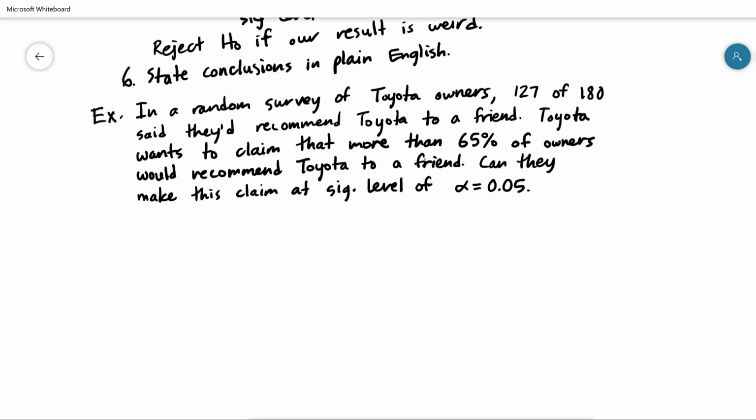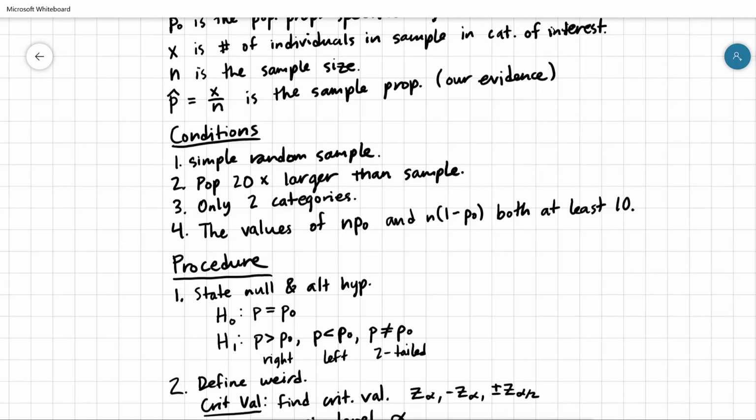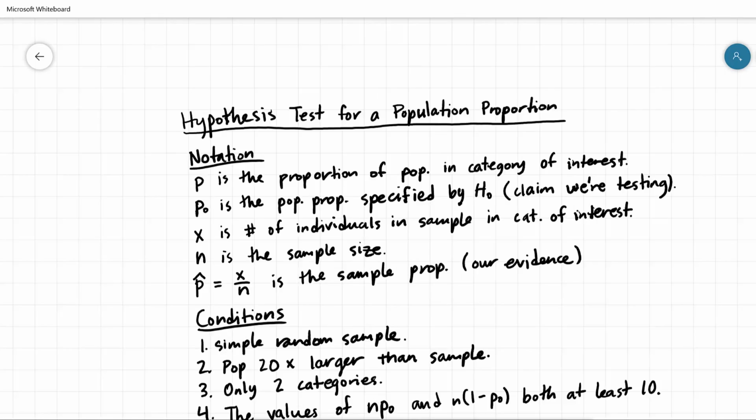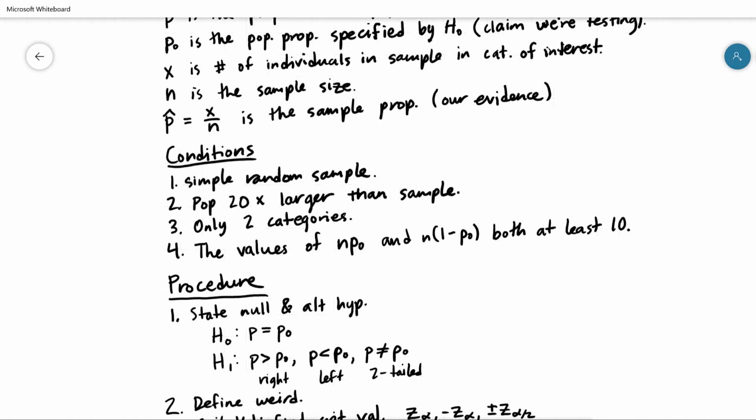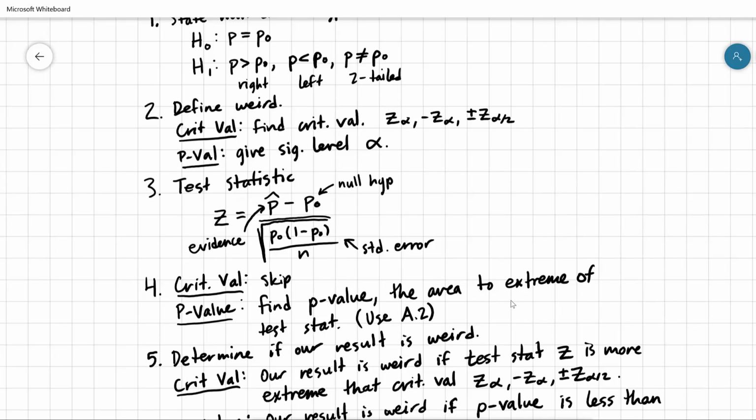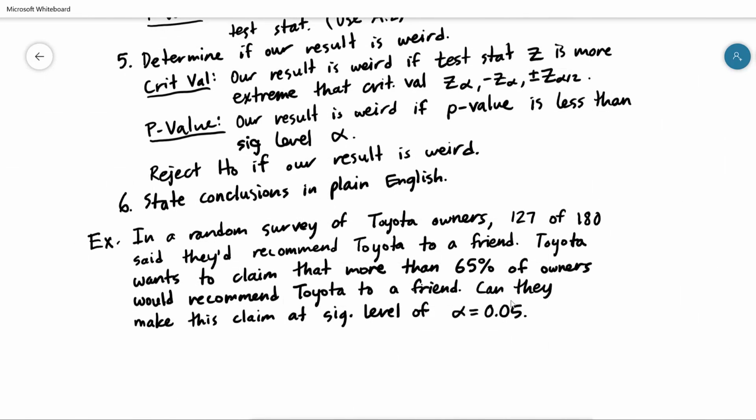So before we jump into doing this problem, we need to check those 4 conditions that I mentioned previously. So way back up here at the top, here's our 4 conditions. Do we have a simple random sample? In this case, yes, I said we had a simple or a random sample of Toyota owners. Is the population 20 times larger than the sample? Well, if we go back down and look, our sample was of 180 Toyota owners.